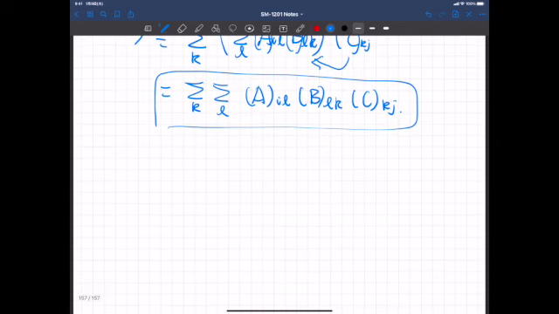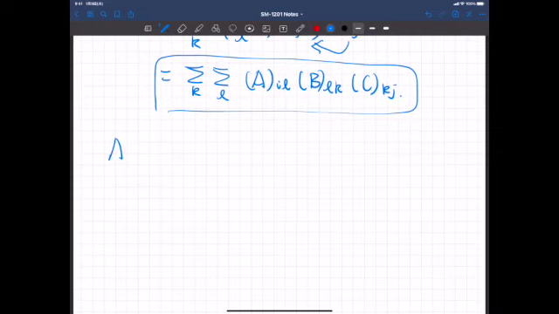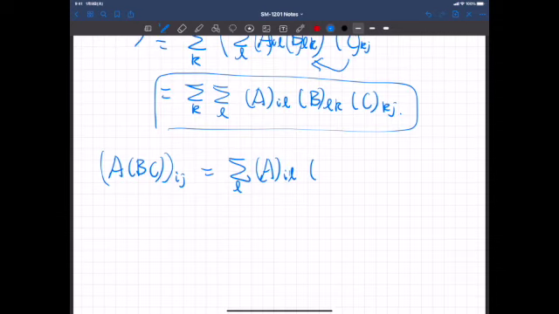And if you apply the same step for this one, A(BC), what's the ij element of this? Let's say a_il and (BC)_lj. We can use any index, l or k or whatever, as long as it doesn't overlap with i and j.